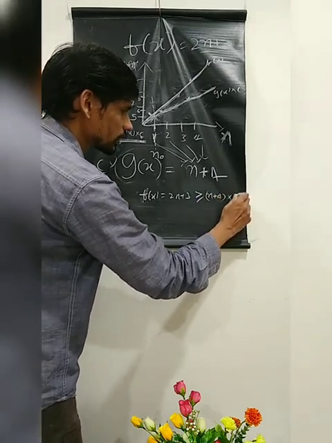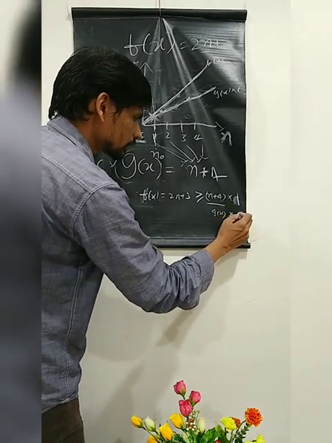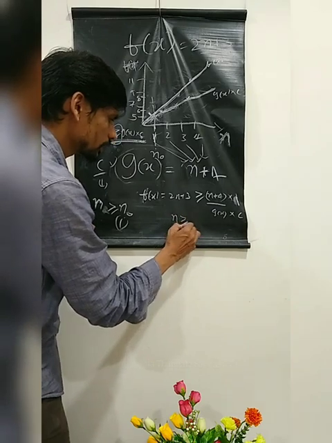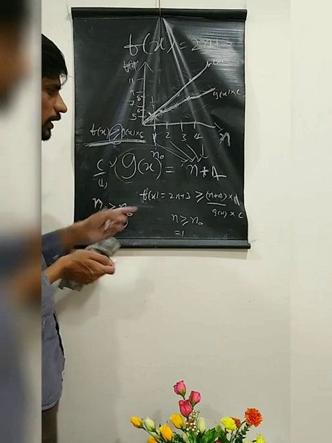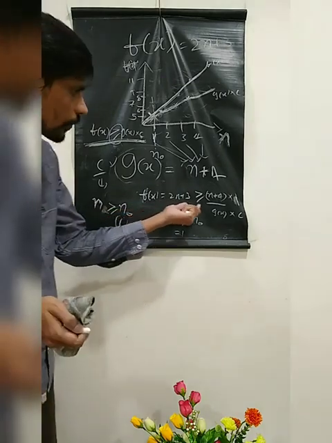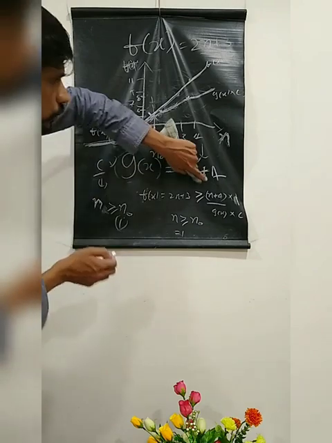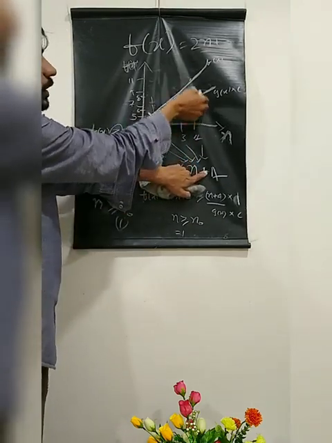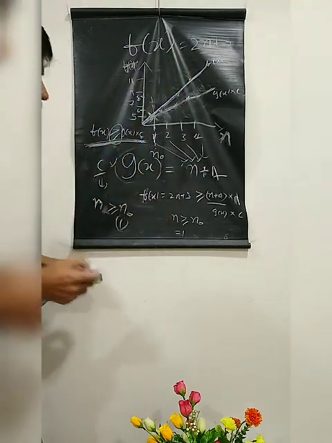Constant 1, right? So this is g of x, this is my constant. For n greater than or equal to n0, here it is 1, right? So this is big omega. So big omega always falls below the line of f of x, or the same line can fall.